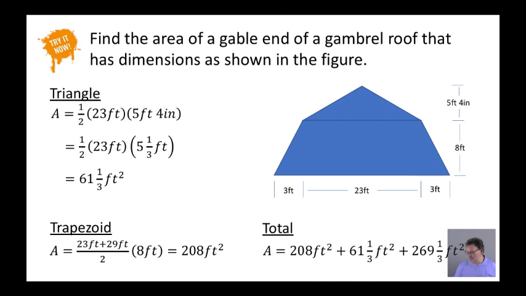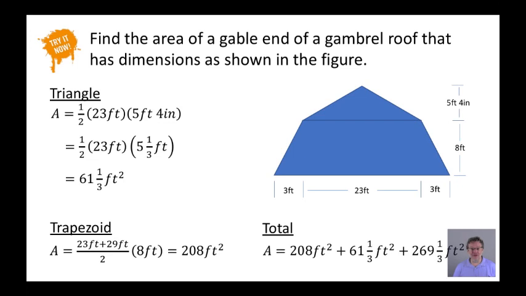Secondly, we have a trapezoid. The area of that trapezoid involves finding the average of the top and bottom bases. You can see there that the top base is going to be 23 feet, but when we take a look at the bottom base, we add 3 feet on one side and 3 feet on the other side for a total of 29 feet. So 23 feet on top, 29 feet on bottom.